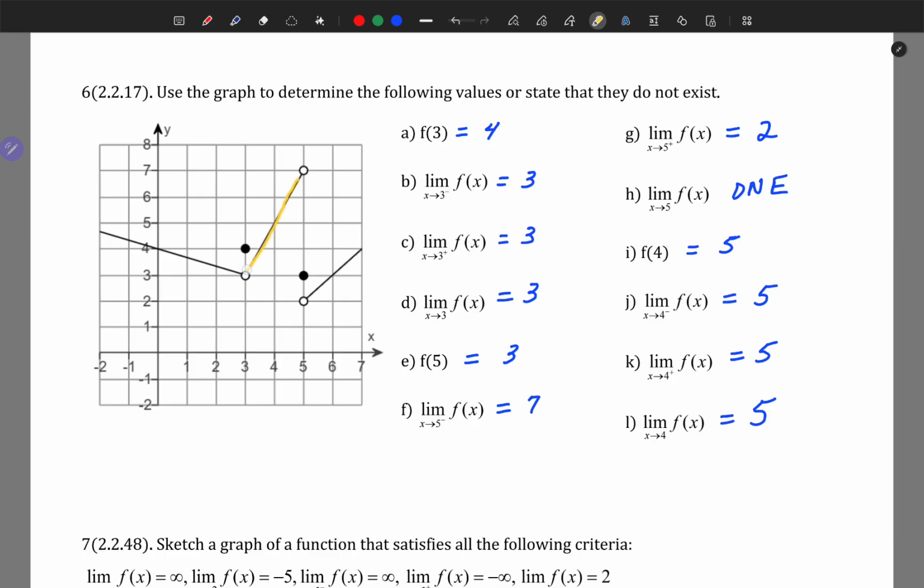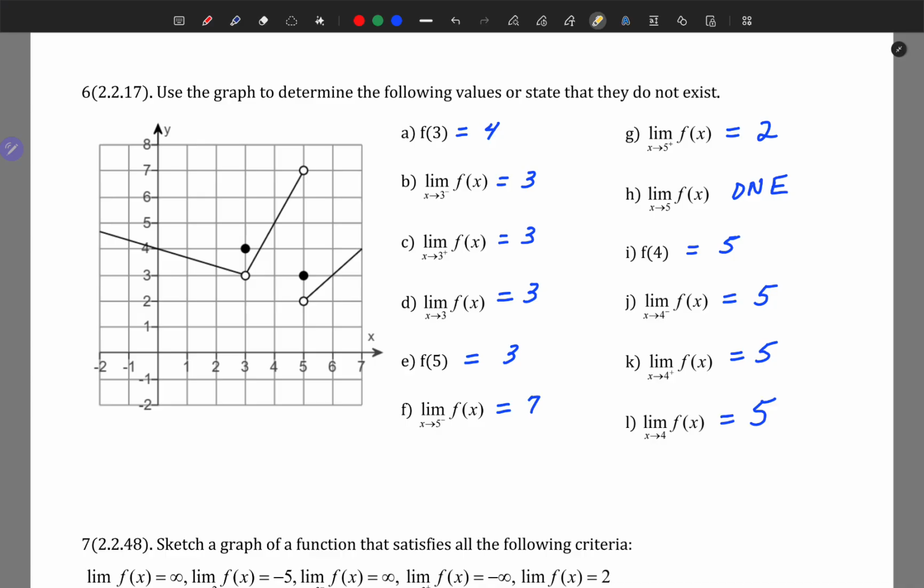It's still going to that same y value of 3. That's why these answers are the same. And since those answers are the same, since the limit from the left is the same as the limit from the right, then the overall limit as x approaches 3 is also 3. That's the only time the overall limit exists, when the left and right-hand limit give the same value.